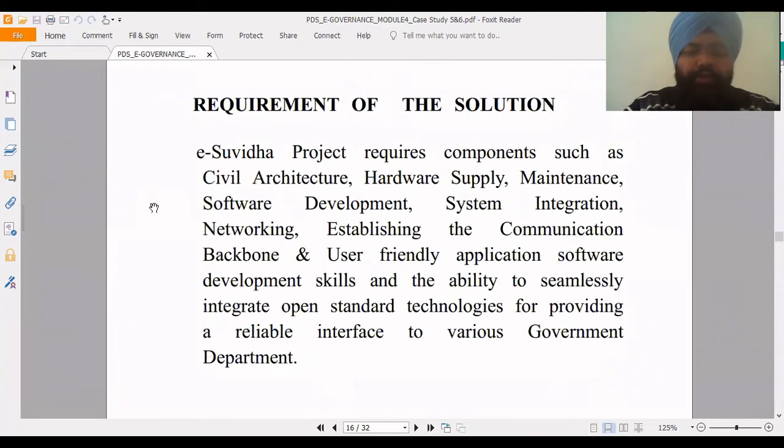So after the outcomes, what are the requirements of the solution?